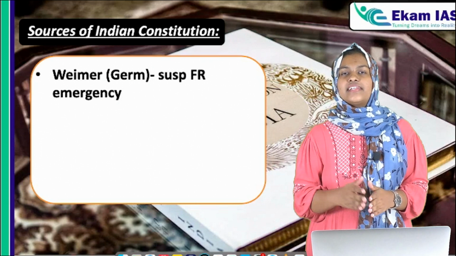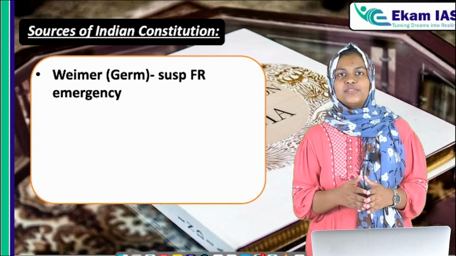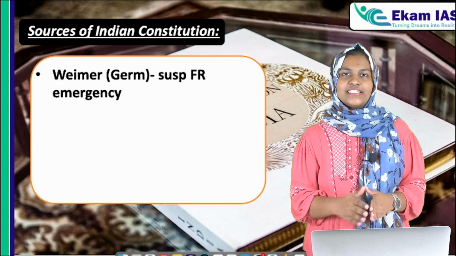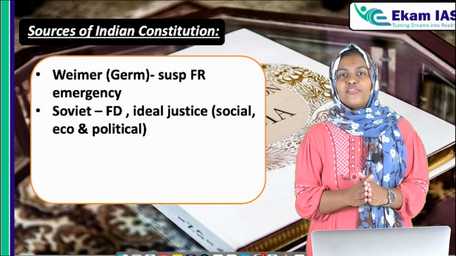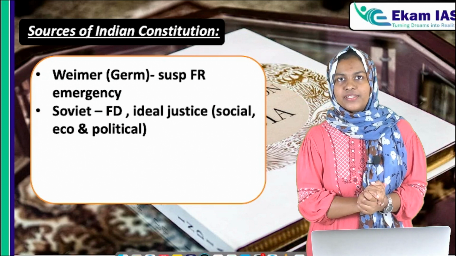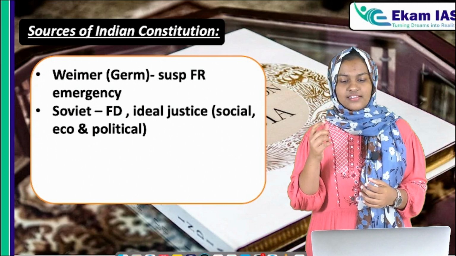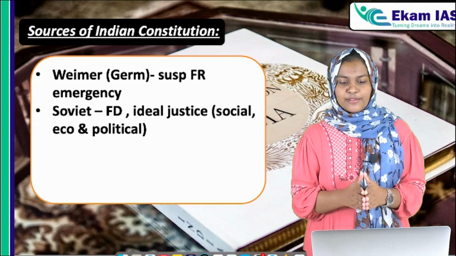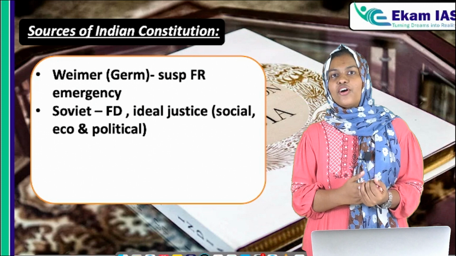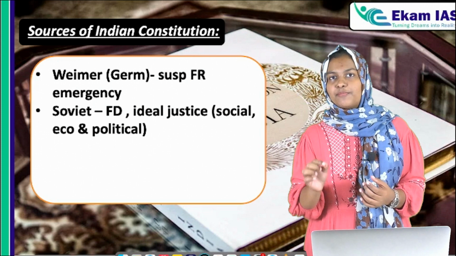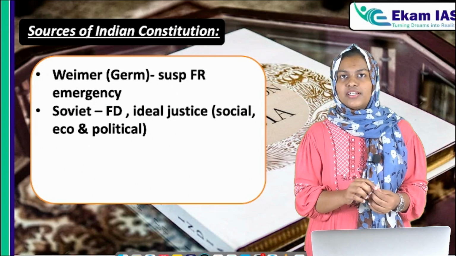Suspension of fundamental rights during the emergency was adopted from the Weimar Constitution or the German Constitution. From the Soviet Constitution, the idea of fundamental duties and the ideals of justice, that is the socio-economic and political justice mentioned in the preamble, are taken.